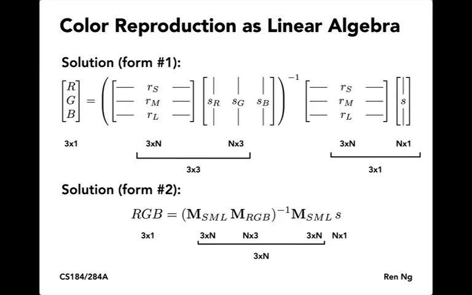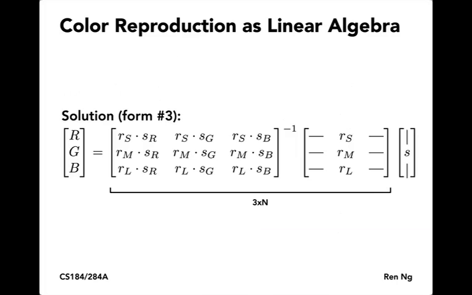Solution form number 2 is to write this down in matrix form. We can call this M_SML and this M_RGB, so you can write it in a compact form, giving names to these vectors. Let me just describe this too.